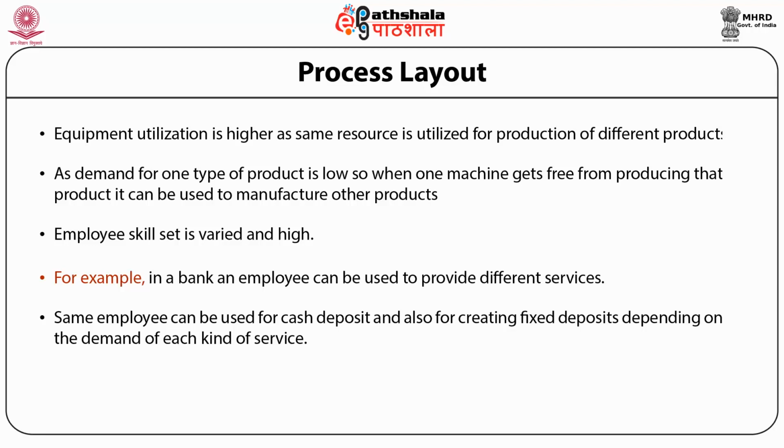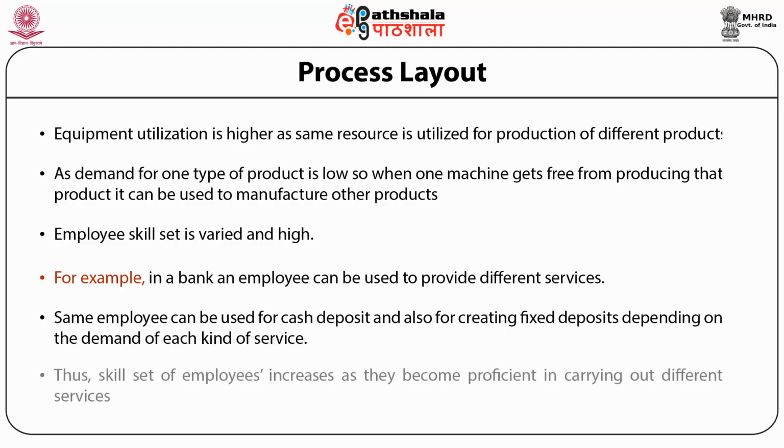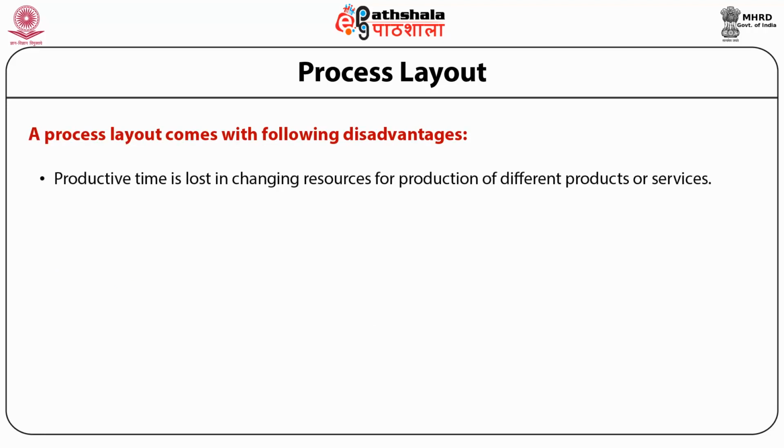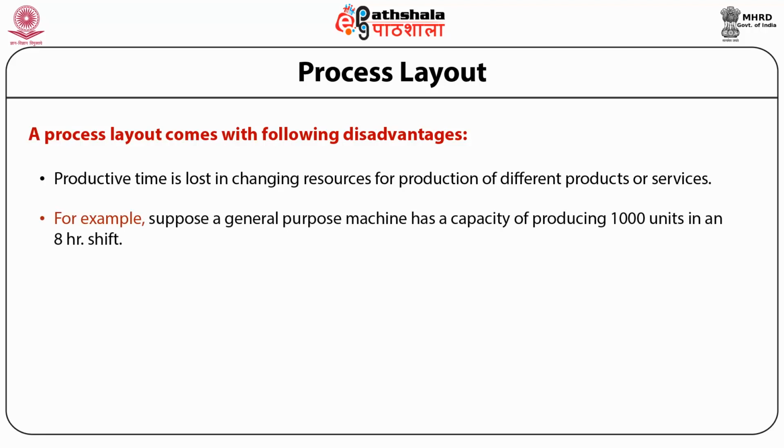For example, in a bank, an employee can be used to provide different services. The same employee can be used for cash deposit and also for creating fixed deposits depending on the demand of each kind of service. The skill set of employees increases as they become proficient in carrying out different services.